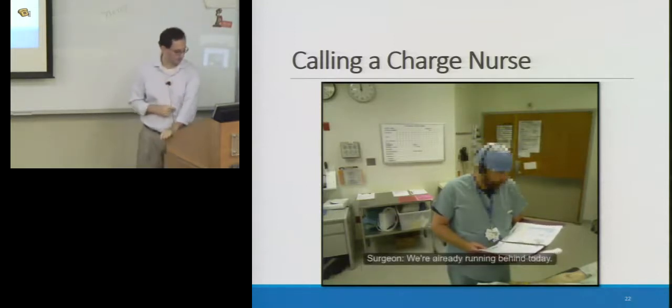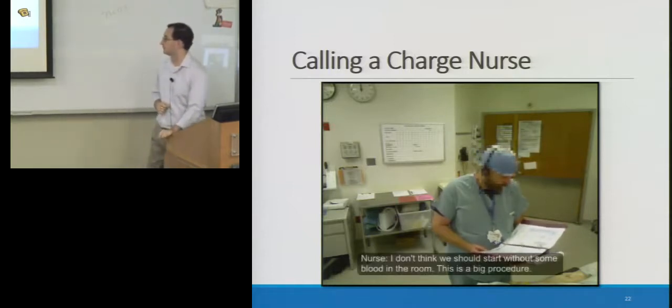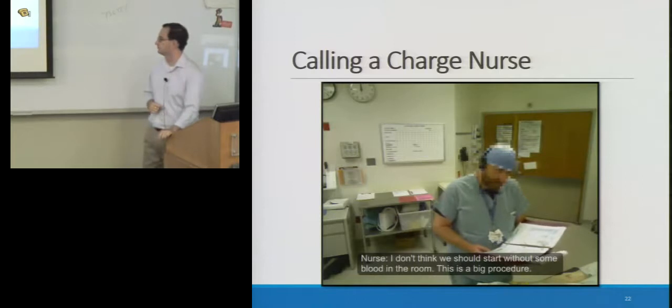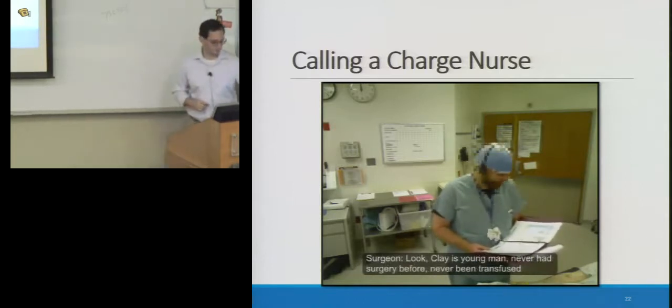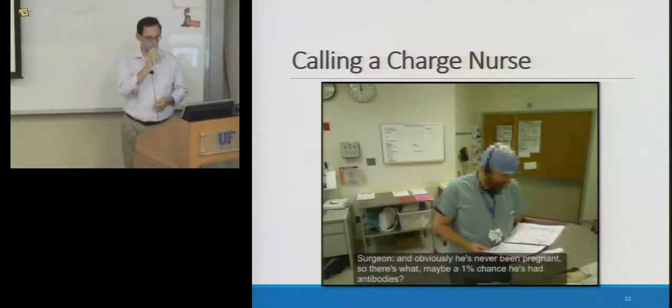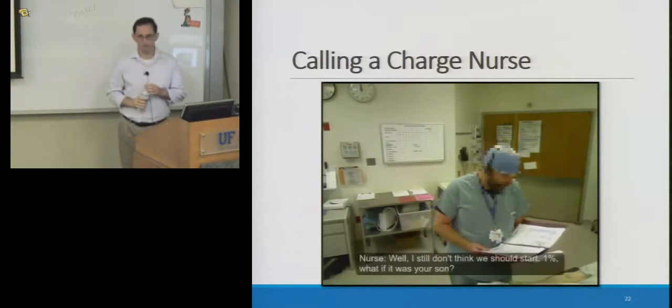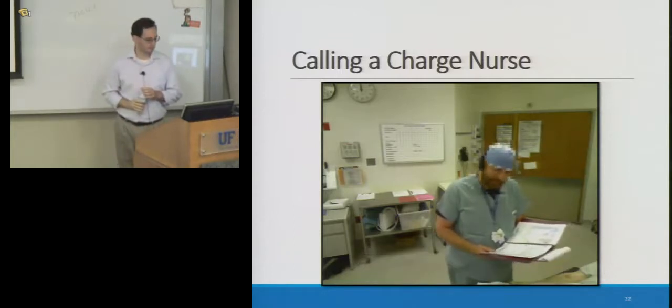We're already running behind today. I don't think we should start across the blood in the room. This is a big procedure. Look, Claire's a young man, never had surgery before, never been transfused, and obviously has never been pregnant. So there's what, maybe a 1% chance? I still don't think we should start at 1%. What if it was your son?